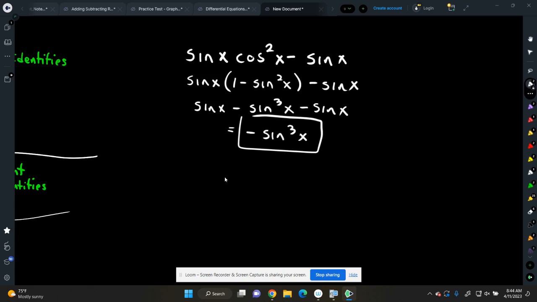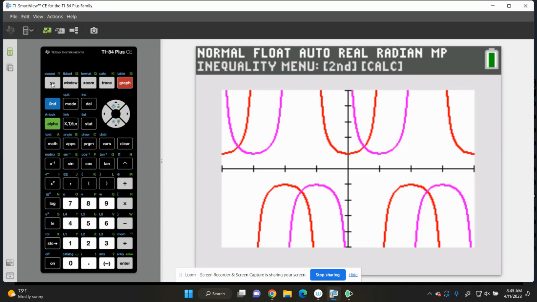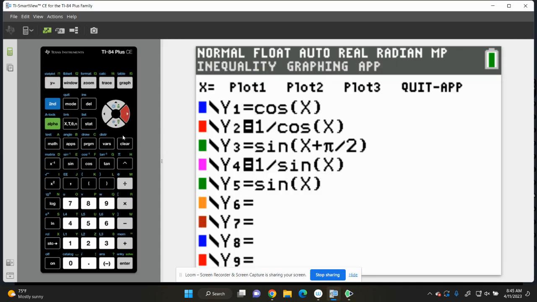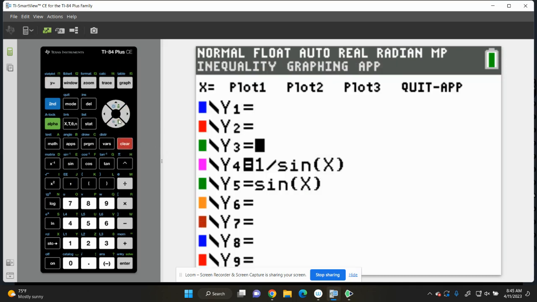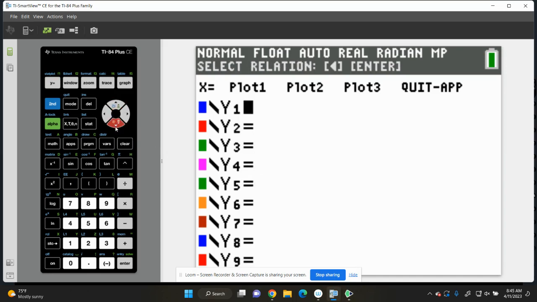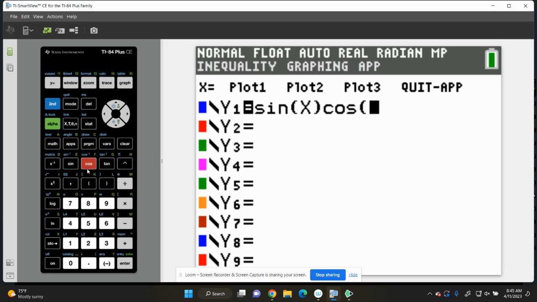We can even check this on our calculator to see if it's correct. The original was sine x cosine squared, right? So sine x, then cosine.